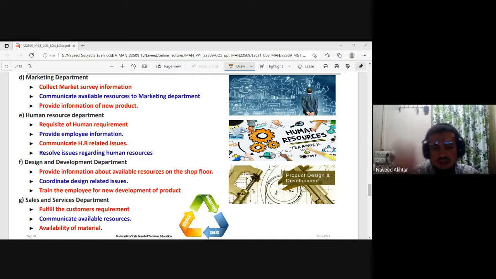All this is generally related to your subject management, so you have to do the macro project work. It is considered in your term of assessment, that is progressive assessment.